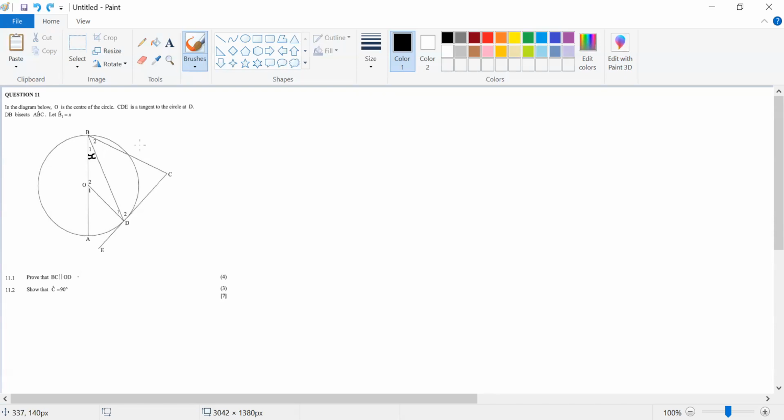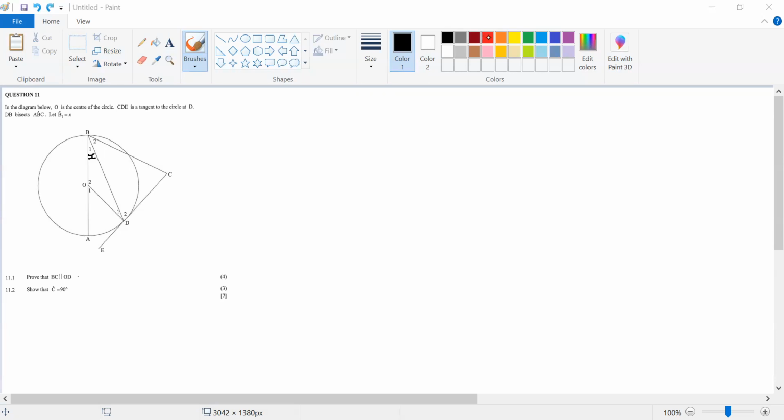So we need to figure out, okay, how am I going to go about doing this? What do I need to prove? Corresponding angles, alternate angles, and co-interior angles, all of those things are something we could try to prove. And from this diagram, let's see what we have, right?